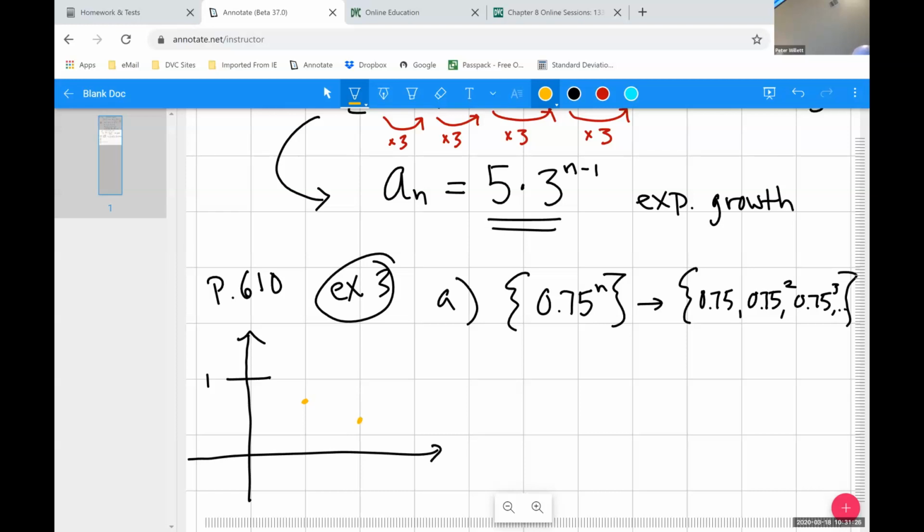And if I add another, I get 75% of that, and 75% of that, etc. So you can possibly see that these points would lie on an exponential decay function. But nonetheless, in the sequence, you are just using the points themselves in a sequence.